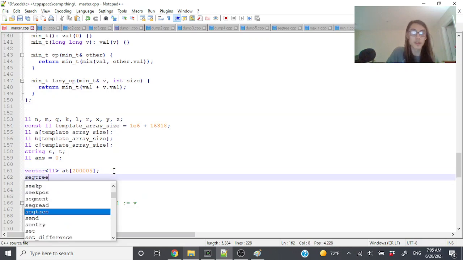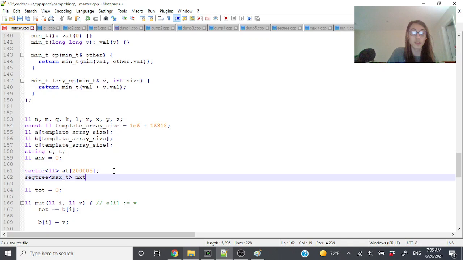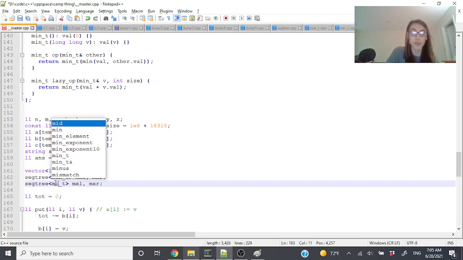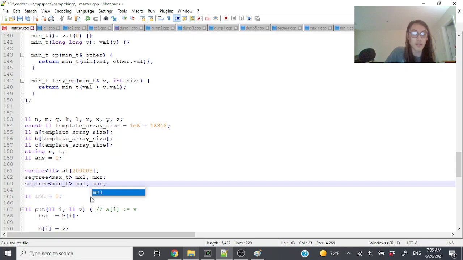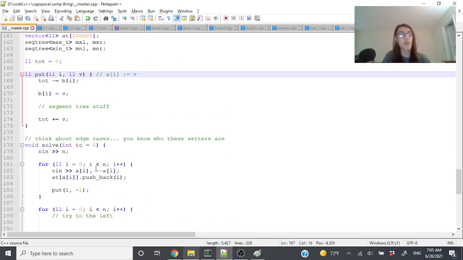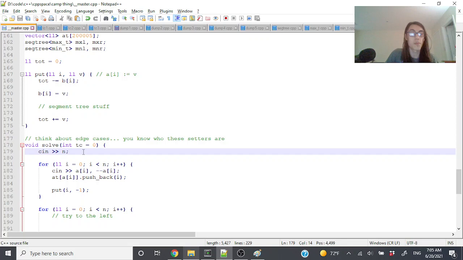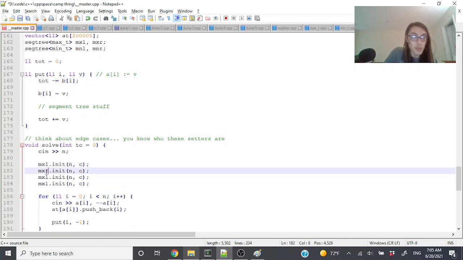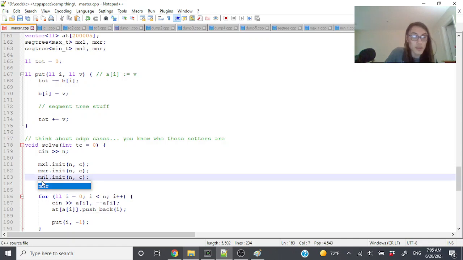So seg tree max t, mxt, mxl, mxr, and then seg tree min t, mnl, mnr. Alright, so initially, mxl.init and c, mxr, and then we do the mins the same.